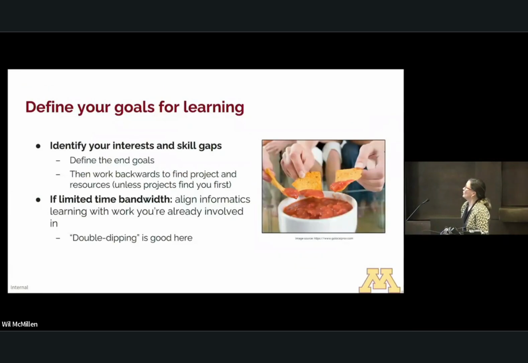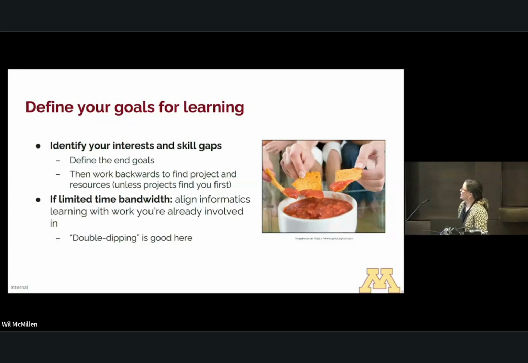So if you are new to getting into informatics and you want to figure out where to start, I recommend that you do some self-reflection, identify your interests and skill gaps, what you think you know, where you think you need to shore up your knowledge.